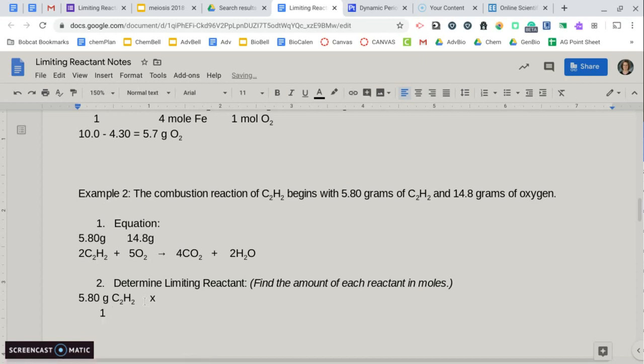Okay, so put this over 1, and then you're going to look up the mass and add that up of C2H2. Okay, so then plug that in, and that will convert it to moles for you.